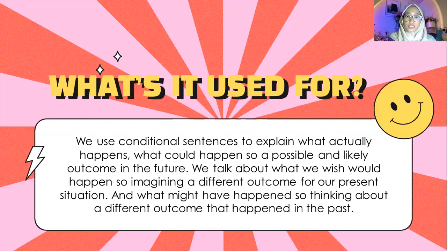We use conditional sentences to explain what actually happens, what could happen, so a possible and likely outcome in the future. We talk about what we wish would happen, so imagining a different outcome for our present situation, and what might have happened, so thinking about a different outcome that happened in the past.